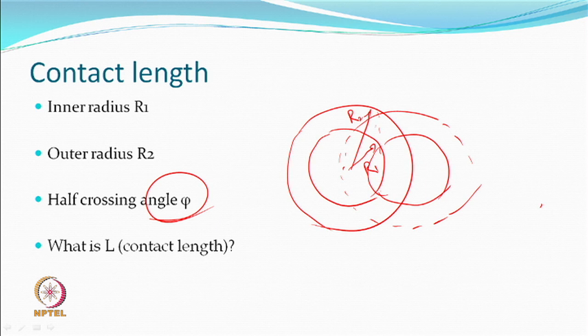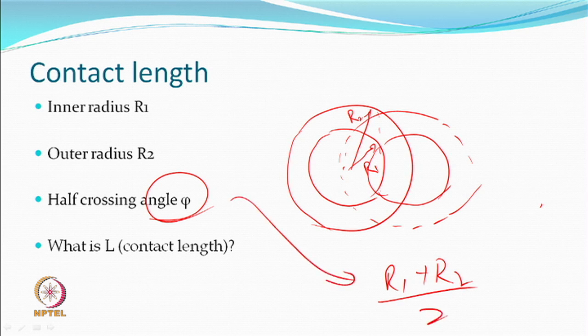So, you can define your half crossing angle at R1 plus R2 divided by 2 at this crossing, you can define this. So, you are interested in finding out this.